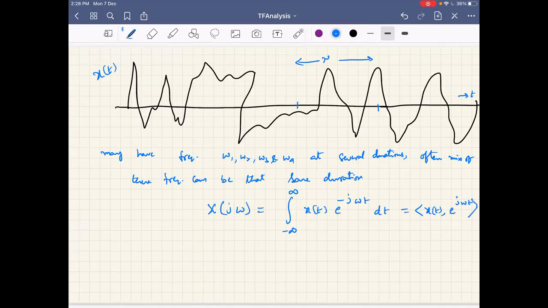The expansion of the inner product is x of t into the conjugate of e power j omega t dt.